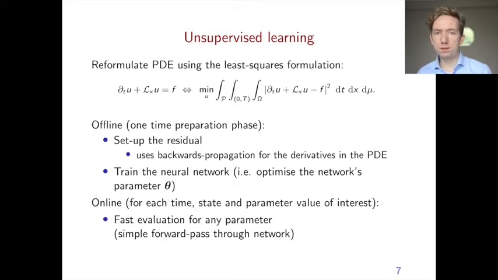These derivatives can be evaluated by a backpropagation of the network. This training phase is computationally challenging, but can be performed at idle times, such as at night or over a weekend. Once the network is trained, a simple forward pass of the network allows us to quickly evaluate the option price for each time, state and parameter value of interest in the matter of milliseconds.